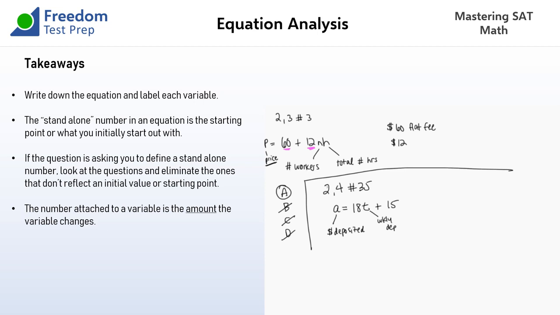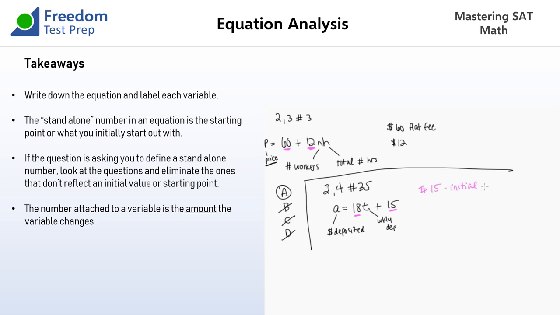So this is another question where they're not asking us what does 18 mean or what does 15 mean, but they're asking us a question in English, and we have to figure out, is the answer 18 or 15? It's going to be one of those. Well, remember, the 15 is the standalone number or the initial, and again, this is money. So 15 is going to be dollars, and it's going to be the initial, what does it say?